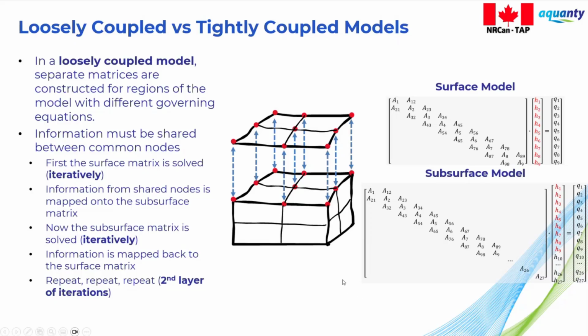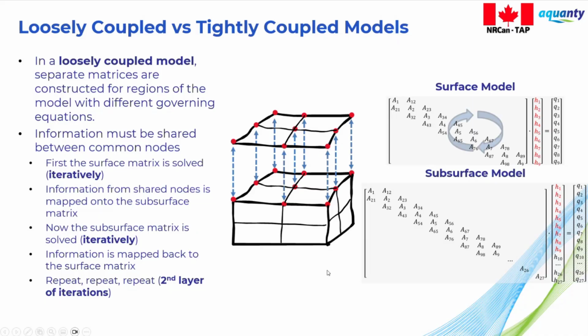So when we have a loosely coupled model, we actually have two distinct sets of matrices of equations. You'll notice that both of these matrices, the subsurface model and the surface model, contain H1 through H9. That's because, again, these nodes are superimposed in the same location and therefore need to have a shared hydraulic head value.